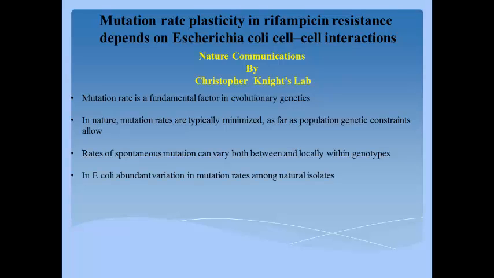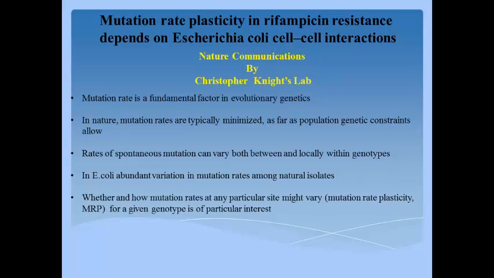In E. coli, abundant variation in mutation rates is observed among natural isolates. Whether and how mutation rates at any particular site might vary, that is mutation rate plasticity (MRP) for a given genotype, is of particular interest.